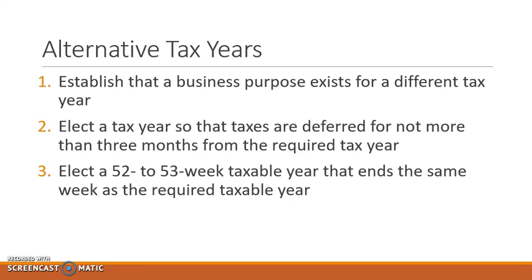This option is very restrictive and it can be expensive, so it's not usually picked. And then the third option is to elect a 52 to 53 week taxable year that ends the same week as the required taxable year. So they can use any of these alternative methods if the required one is not to their liking.